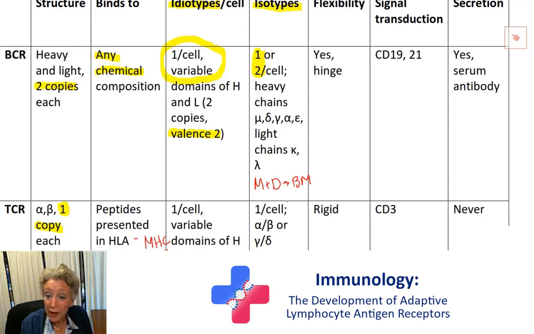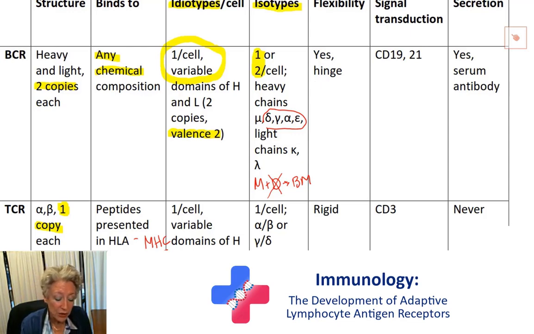But when they are mature and are capable of responding, they will switch over to having different isotypes of IgG or A or E as their membrane receptor, and they will no longer express D on the surface. That's going to be the topic of another module, so I'm just introducing things now.